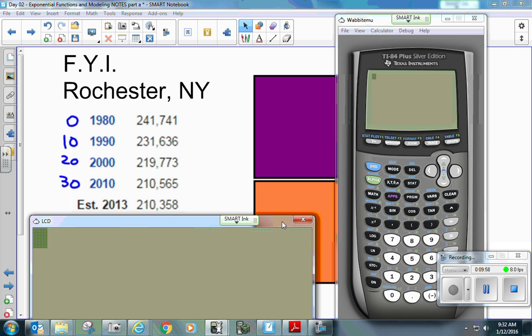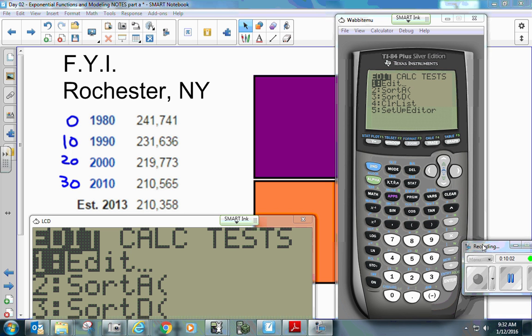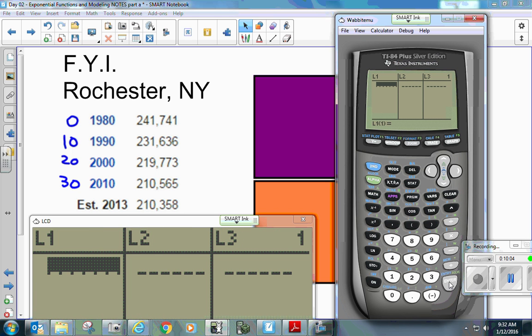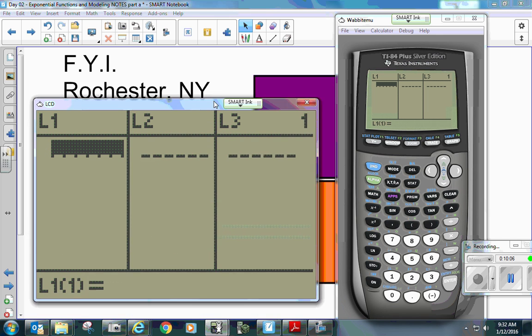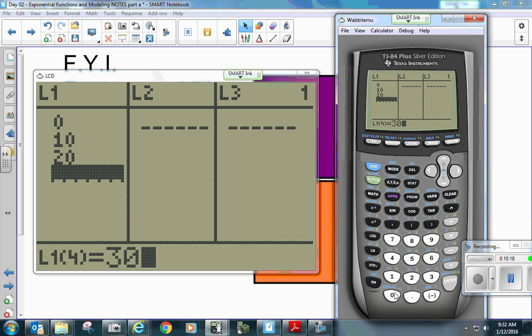So I'm going to go to stats, edit, choice 1. For the first column, I'm going to put in 0 for 1980, 10 years for 1990, 20 for 2000, and 30 for 2010.